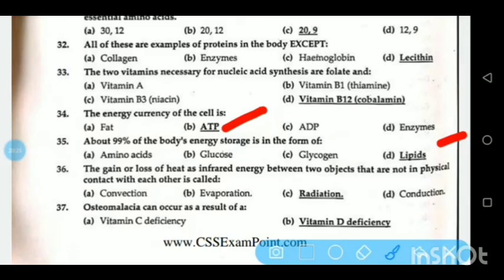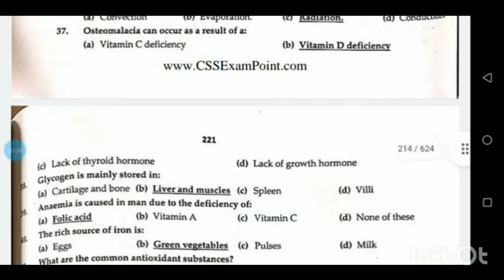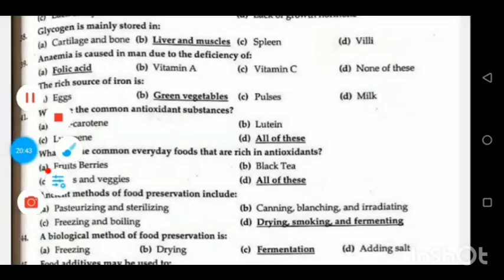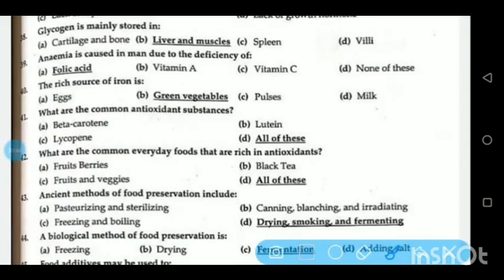The gain or loss of heat as infrared energy between two objects that are not in physical contact with each other is called radiation. Osteomalacia can occur as a result of a vitamin D deficiency. Glycogen is mainly stored in liver and muscles.